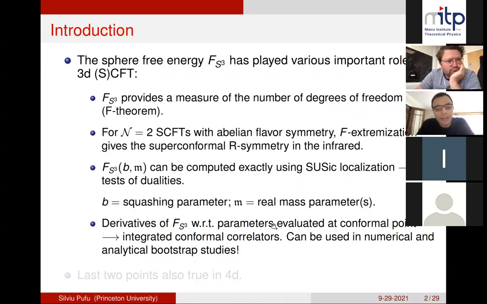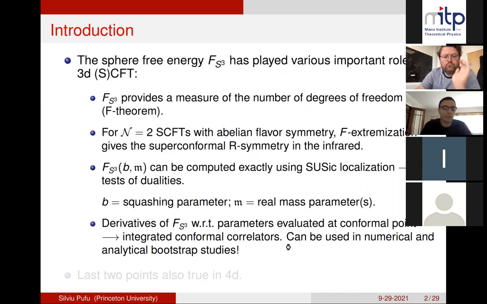What that does is give some correlation functions. These parameters couple to some operators that are integrated over the sphere. So if we take derivatives, we get correlation functions of those integrated operators. And this can be used in numerical and in analytical bootstrap studies.